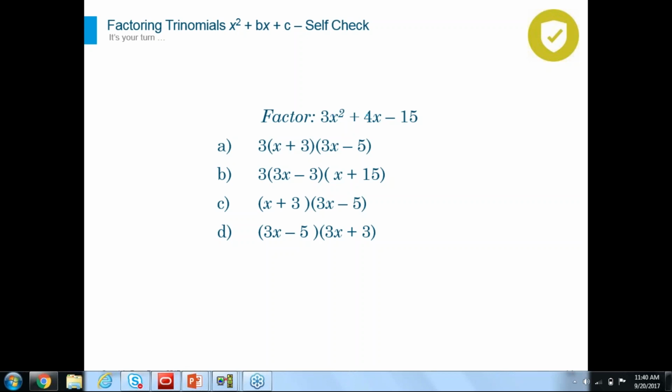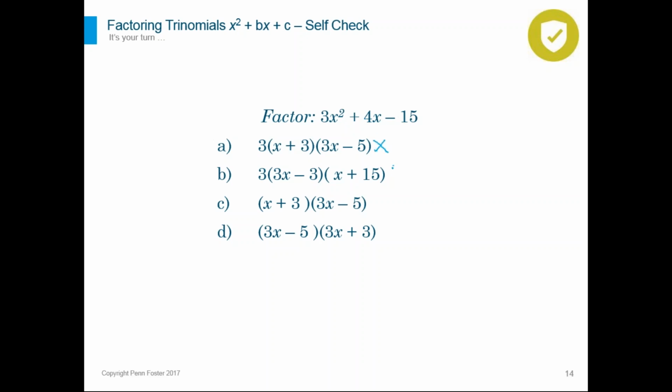Look at 3, 4, and 15. Is 3 a greatest common factor between 3, 4, and 15? And the answer is no. We have a 4 here. I mean, 3 and 15 have a greatest common factor of 3, but the 4. So without doing anything here, I'm going to just ignore these two answers.